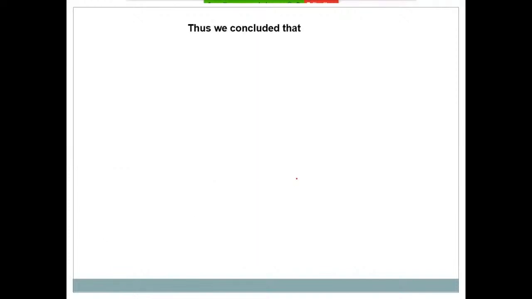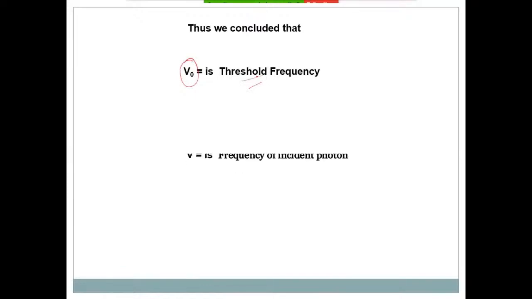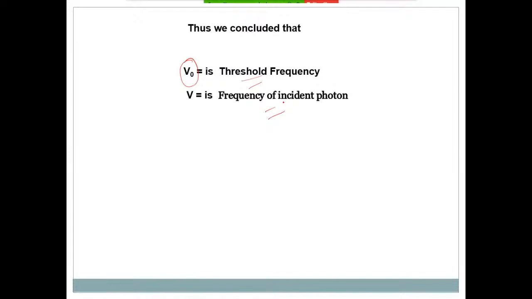Thus we concluded that nu naught is the threshold frequency and nu is the frequency of the incident photon. If nu is less than nu naught, then the photoelectron will not eject.